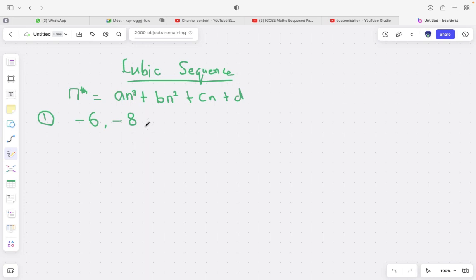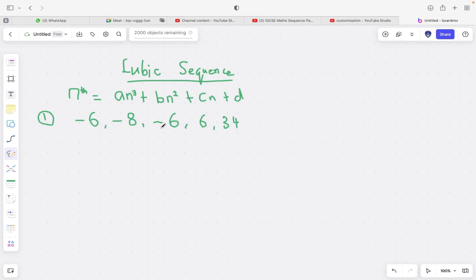And then we have -6 again. Then we have 6. And then we have 34. Okay, this is the sequence that has been given to us. So they want us to find the nth term of this sequence.